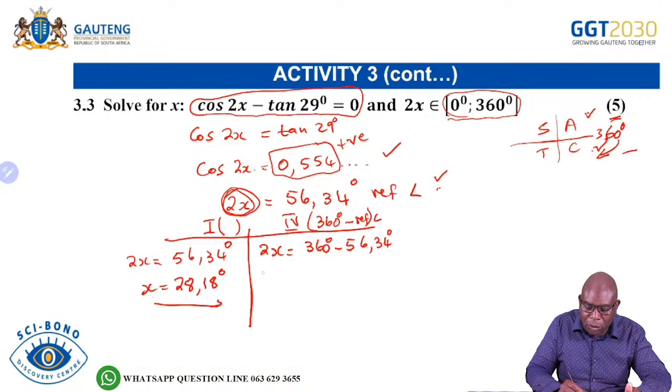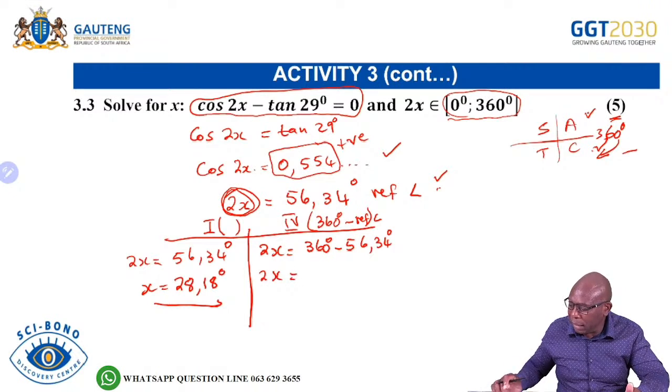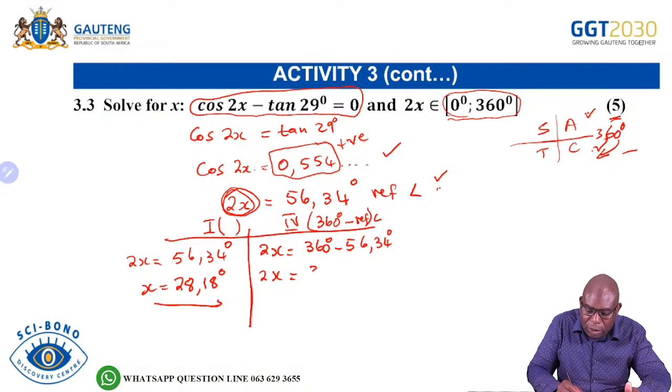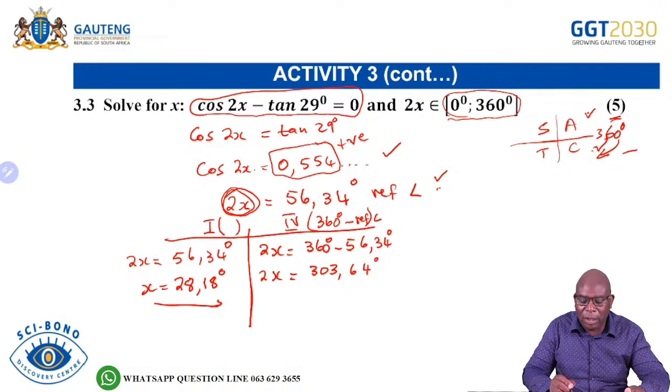So 2x is equal to, when I subtract that angle from 360, 303 degrees, 64. All right, so I get that angle. Then from there I can divide by 2.